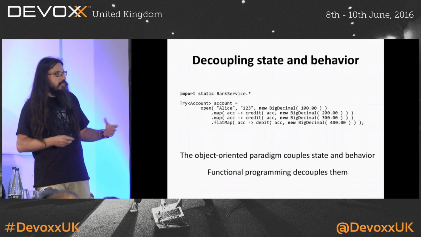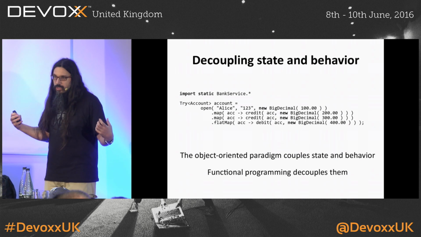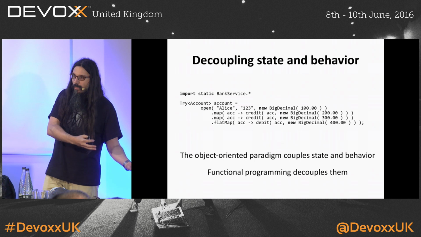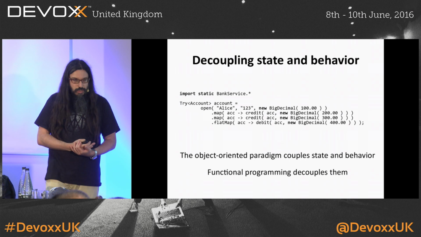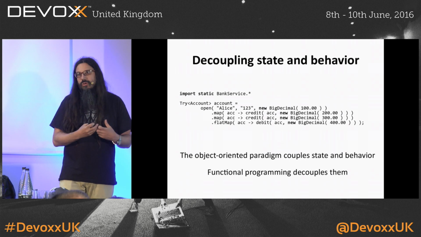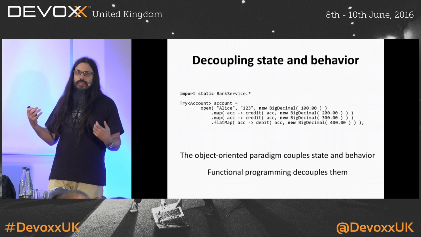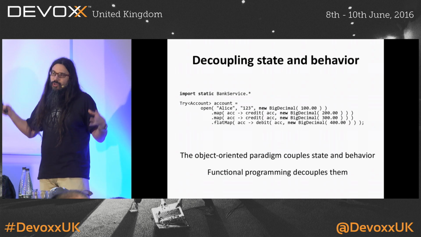So the idea is that functional programming decouples the state of the object from the behavior that you can apply on the object. This is quite typical in functional programming. I know that there is this very long debate also in object-oriented programming: should our beans be anemic or not?